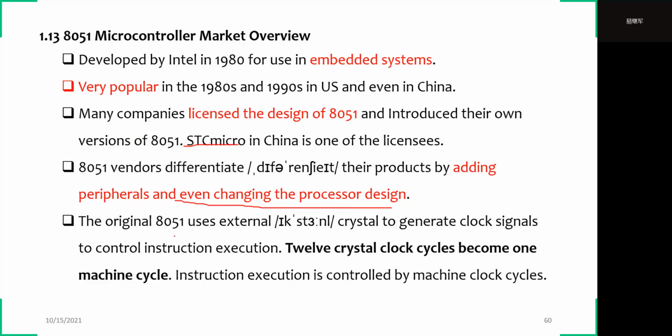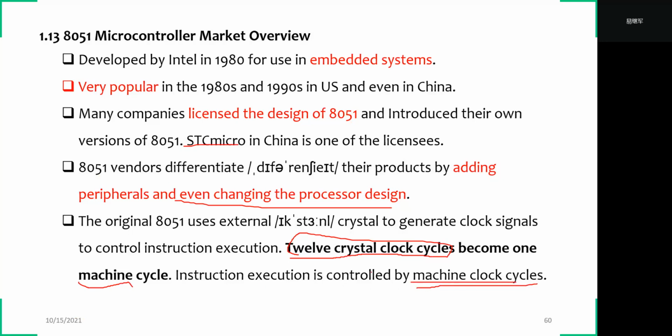The original 8051 used an external crystal to generate clock signals to control instruction execution. 12 crystal clock cycles become one machine cycle. Instruction execution is controlled by machine clock cycles.